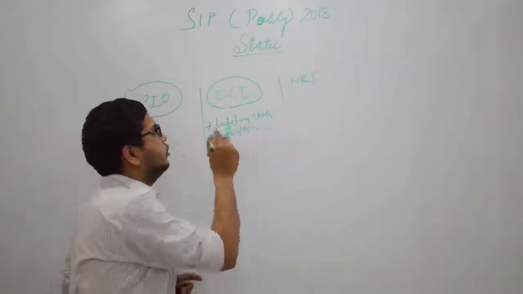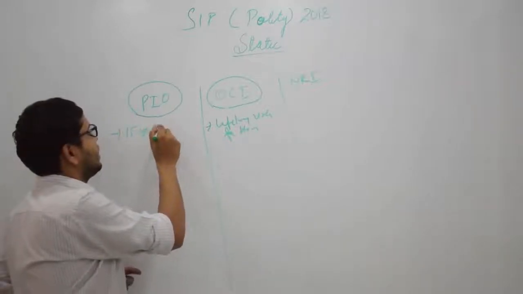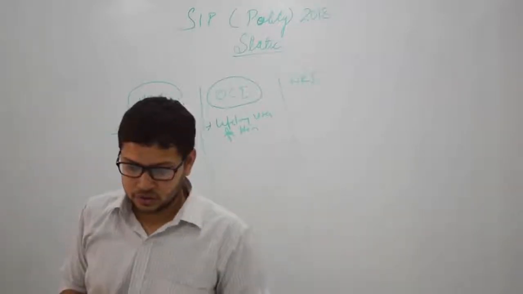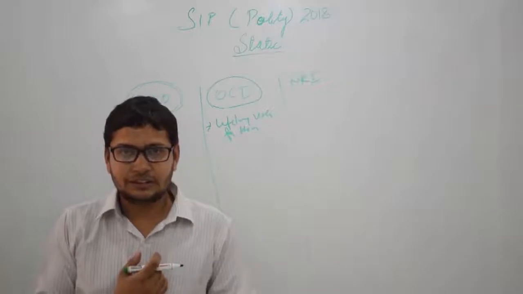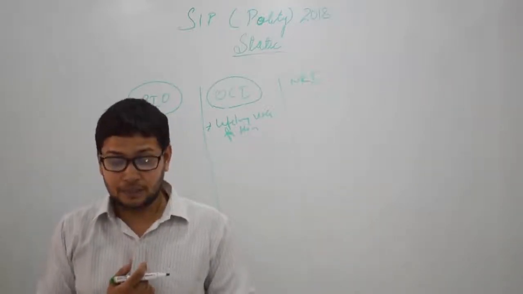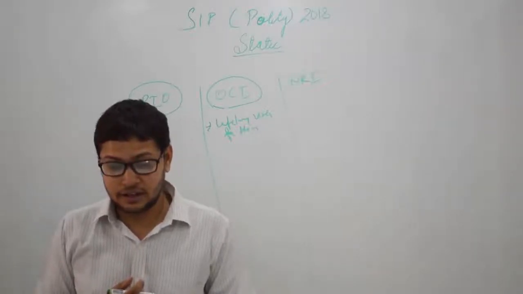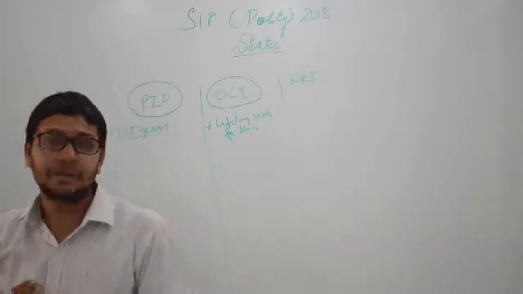But for PIO, they only get a visa for 15 years. After 15 years, they again have to renew their card, right? So all the foreign citizens would be part of PIO except people from Pakistan, Afghanistan, Bangladesh, China, Iran, Bhutan, Sri Lanka, and Nepal.